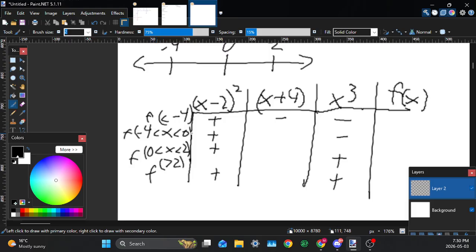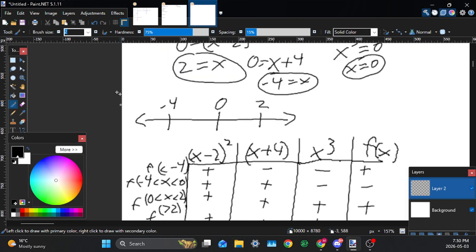If it's between negative 4 and 0, it won't be enough to make this negative, so this will be positive. And then of course, both of these will be positive because they're greater than 2. So, negative negative makes a positive. What we end up with is positive, negative, positive, positive.